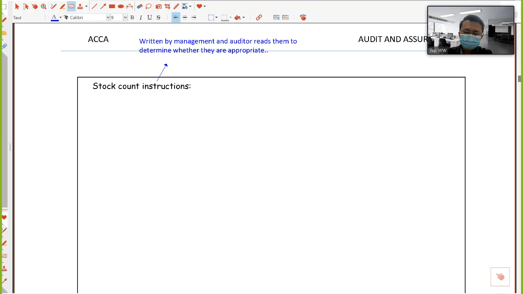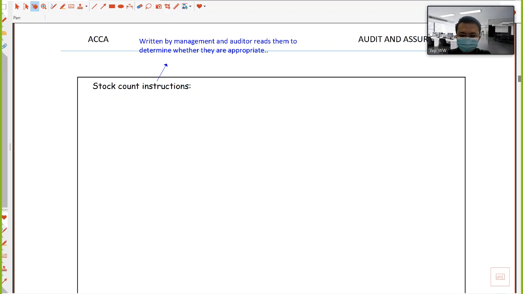This part will be tested in the internal control deficiency question. Remember in chapter 9, I said that inventory part, we skipped it first. Now we are going to look into the control system about inventory. Management is the one who conducts the stock count. They have to go into their warehouse, calculate how many units they have, record down the correct quantity, then report the closing stock value. So the auditor does not get involved in the stock count. The auditor just visits and makes sure they follow proper instructions.